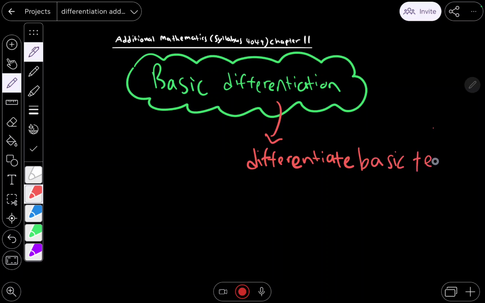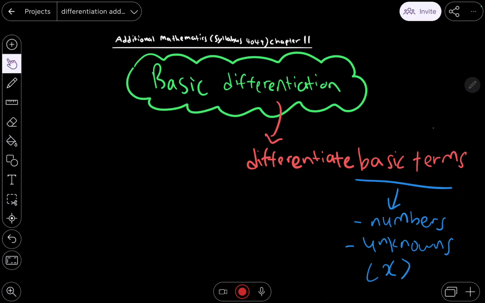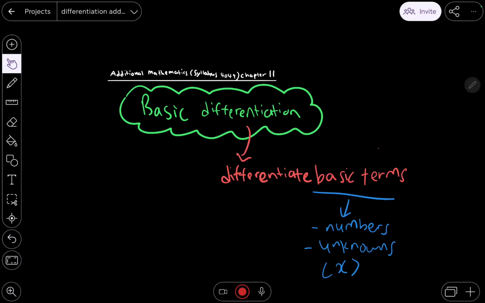So let's unpack basic terms further. Basic terms can be numbers and maybe unknowns. Unknowns can be packed further into maybe x, just say x for now. So these are some things that I think about when I see basic differentiation.